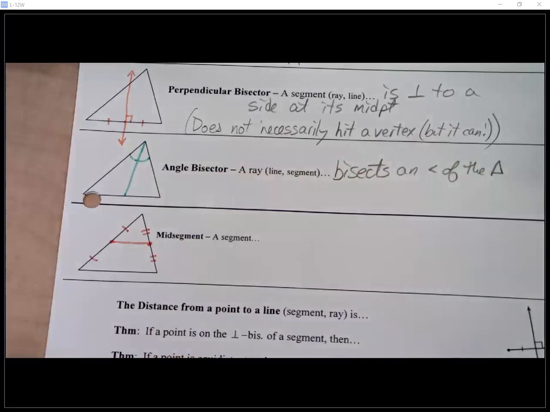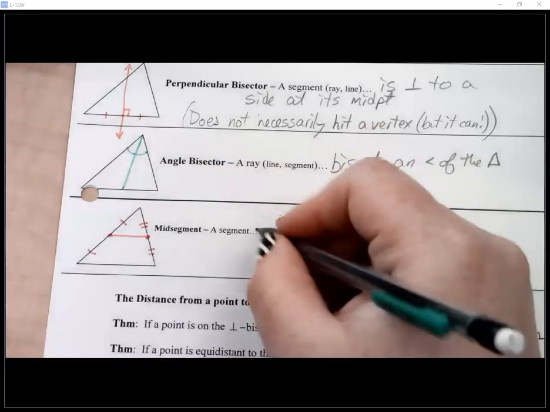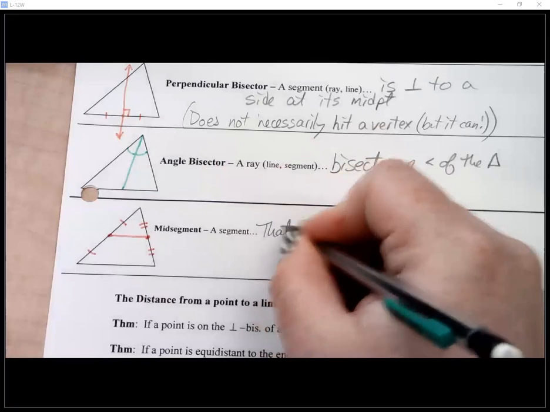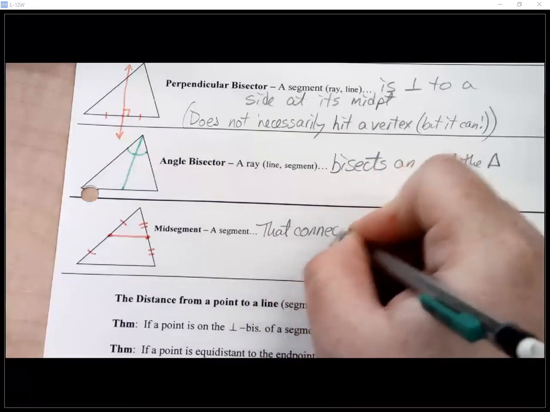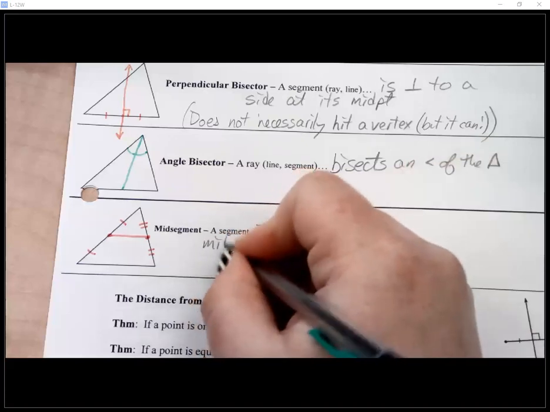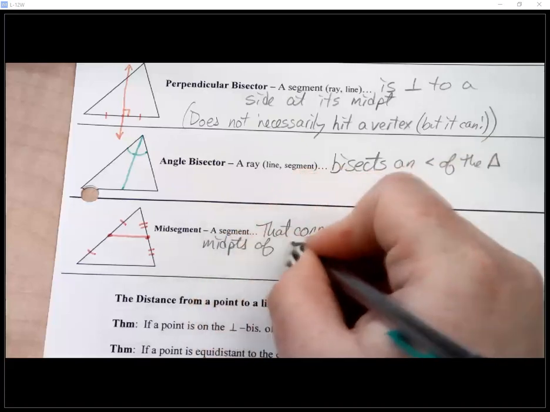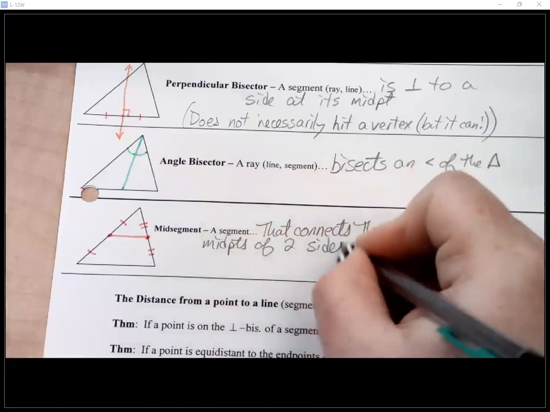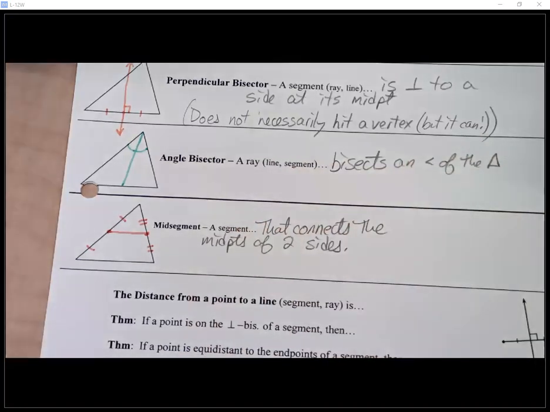Okay, so a segment that connects the midpoints of two sides. Cool. So now we have those, and I want to stress to you, it's definitely on your test, but let me see if it's on your quiz.